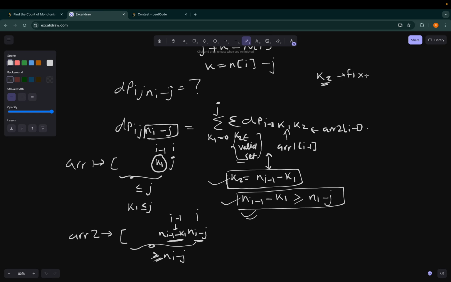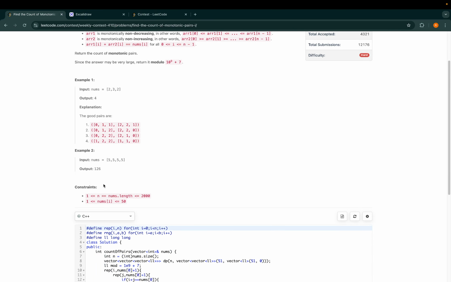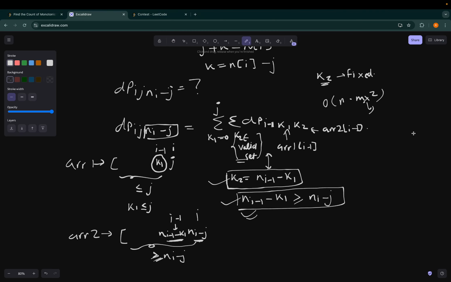It can be derived from k1. The complexity would become O of n into max square. So max is up to 50. Max is basically the maximum number that can occur in the first array and the second array.